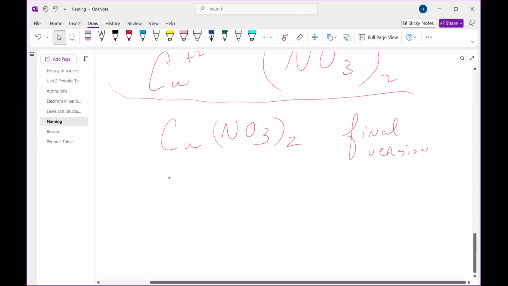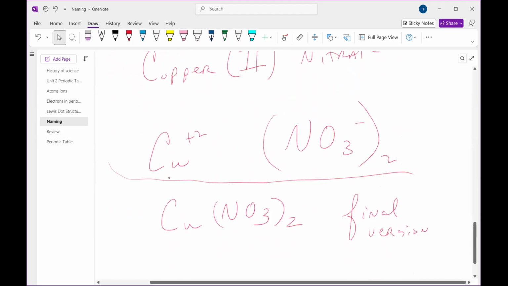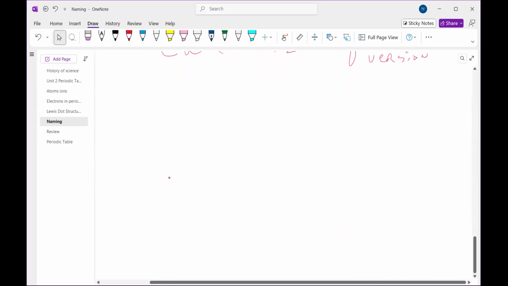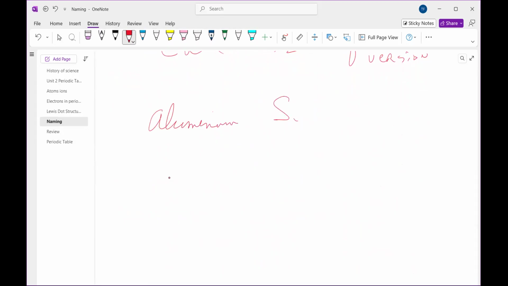Okay, let's do aluminum sulfate. So is this ionic or covalent? Okay, look up aluminum.